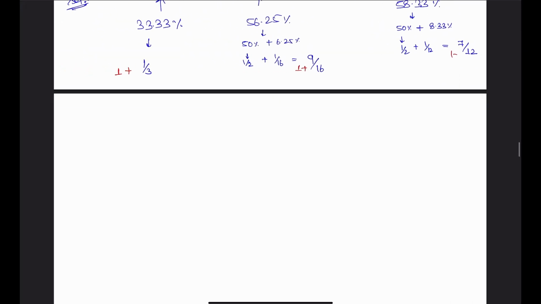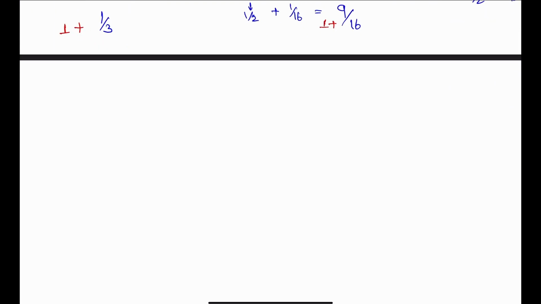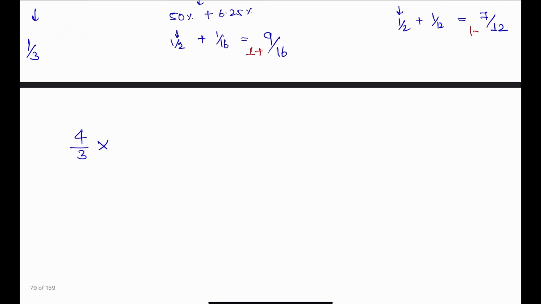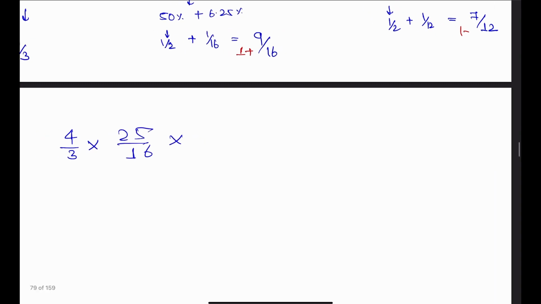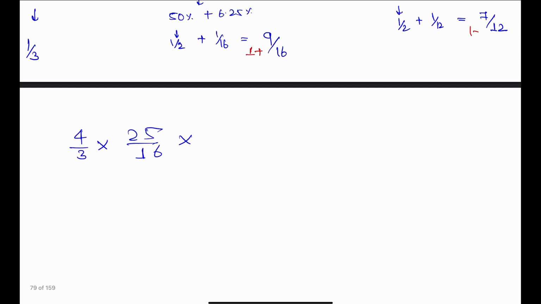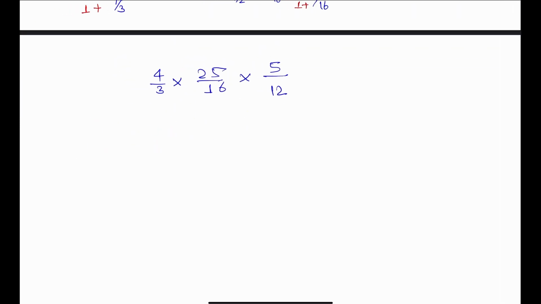1 plus 1/3 is how much? 4/3. Multiply with 1 plus 9/16 is 25/16. Multiplication 1 minus 7/12 is what? 5/12. So anything will cut? Yes. 4 and 12. So our new number becomes 125 by 144.